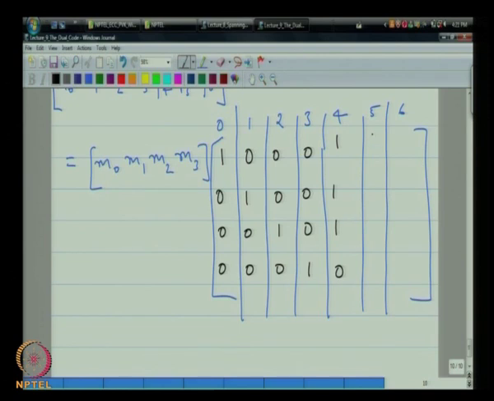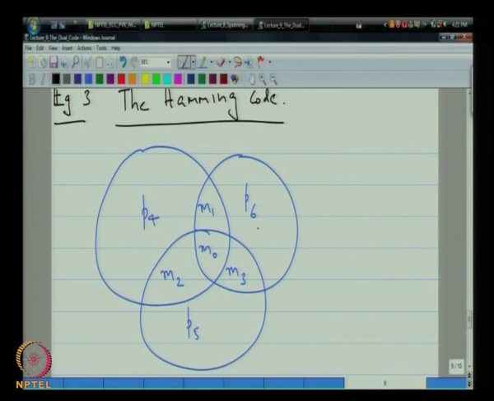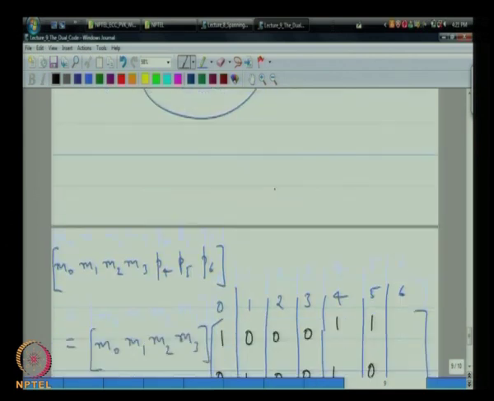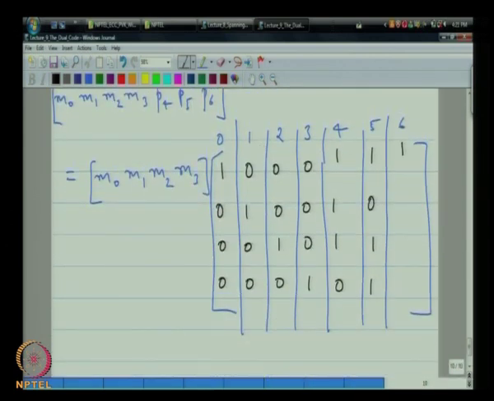So, that is 1, 0, 1, 1, and for the last symbol it is M0, M1 and M3.